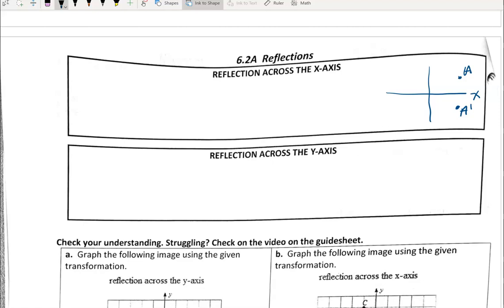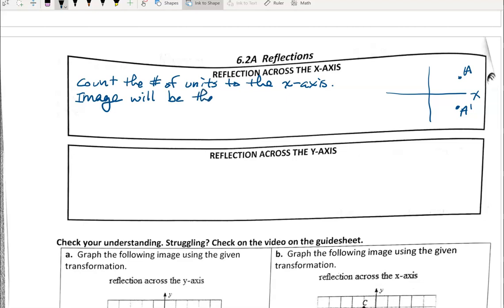And we can see if we want to reflect it, what we're going to do is count the number of units to the x-axis, and your image will be that number of units on the other side of the axis.